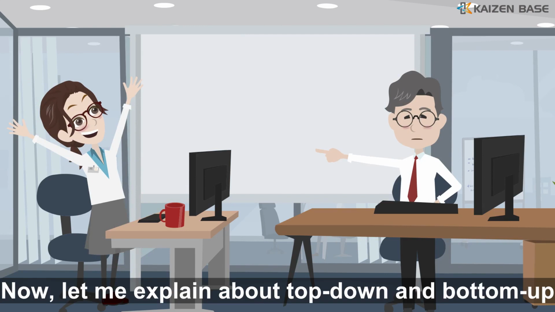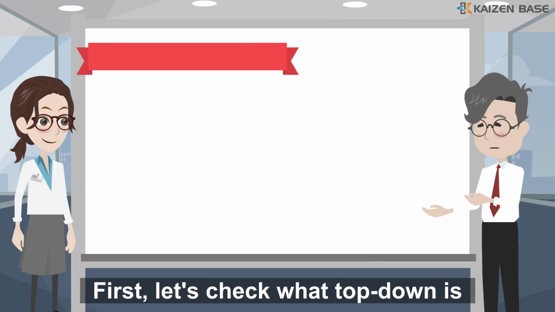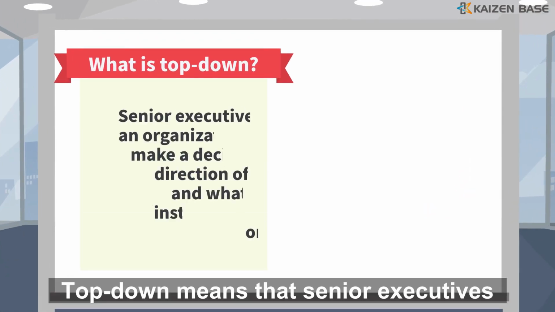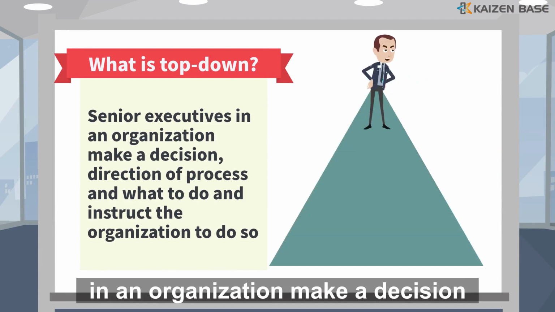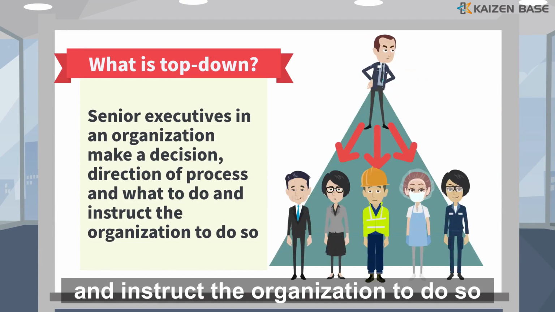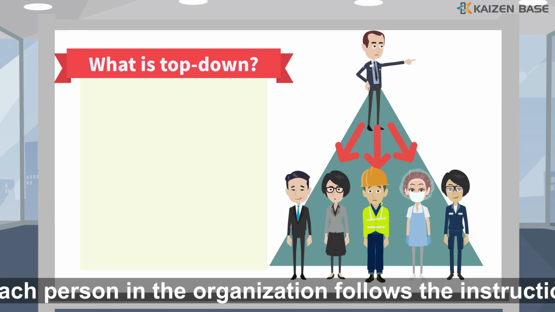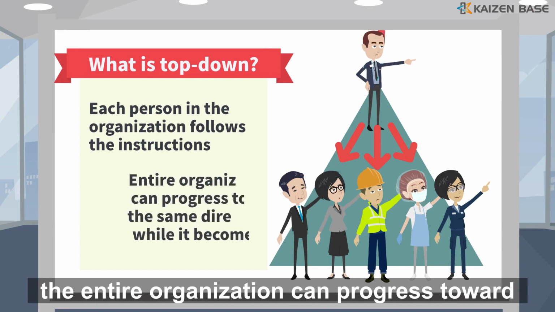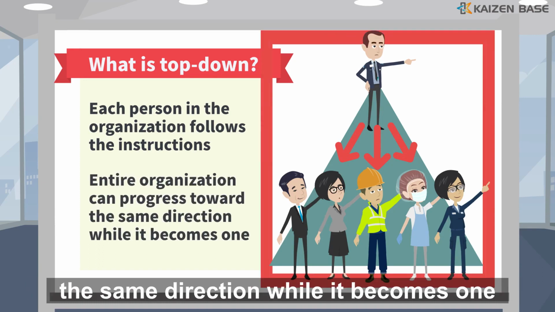Now, let me explain about top-down and bottom-up. First, let's check what top-down is. Top-down means that senior executives in an organization make a decision on the direction of the process and what to do, and instruct the organization to do so. If each person in the organization follows the instructions, the entire organization can progress toward the same direction while it becomes one.